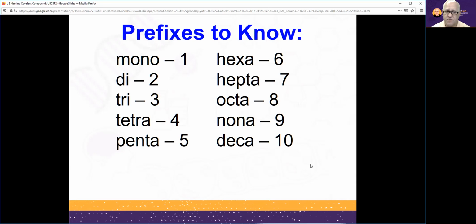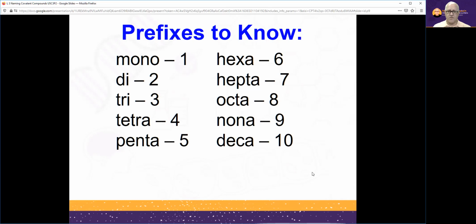Di is for 2, tri for 3, tetra 4, penta 5, hexa 6, hepta 7, octa 8, nona is 9, and deca is 10. So you can add this into your notes, but also put it on your periodic table or put it on your polyatomic ion sheet. You'll be able to use those notes when you're working on your assignments.